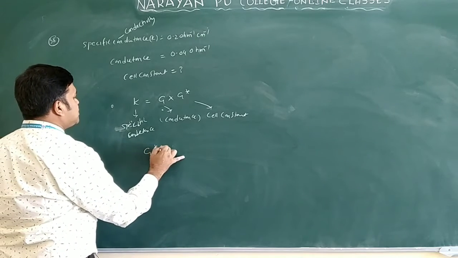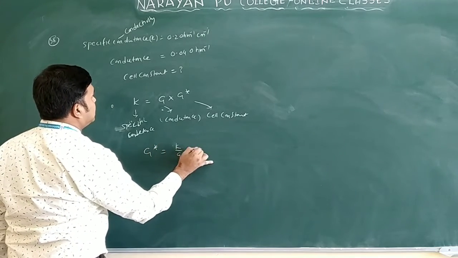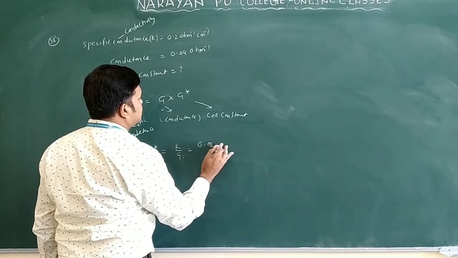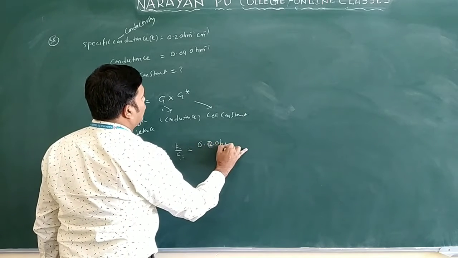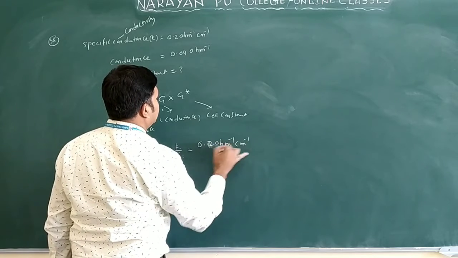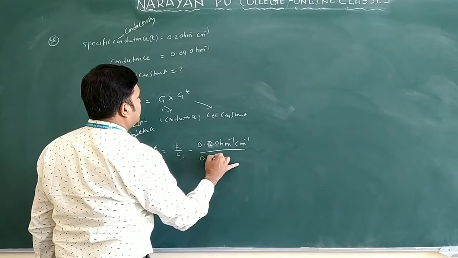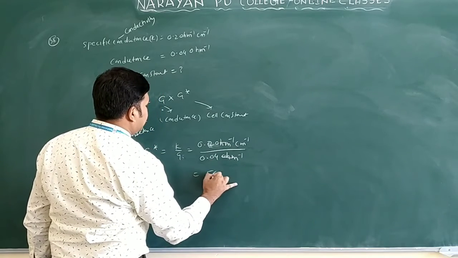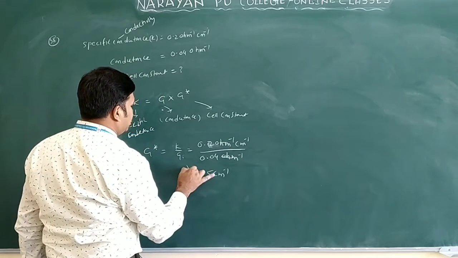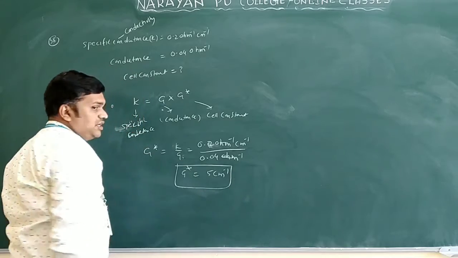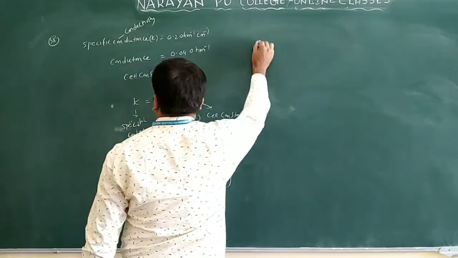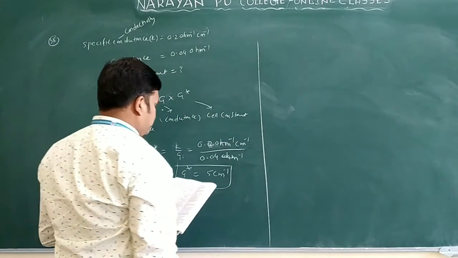Now G star is equal to K by G. The K value is 0.2 ohm inverse centimeter inverse divided by 0.04 ohm inverse. The ohm inverse cancels, and you will get 5 centimeter inverse. So this is the answer, and we will take option 3 for this question.